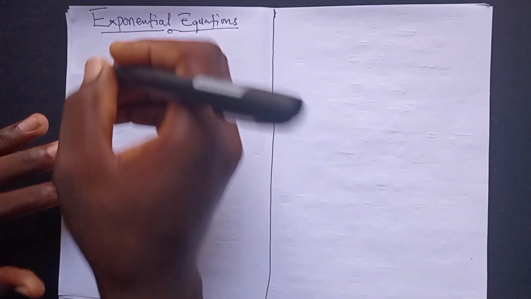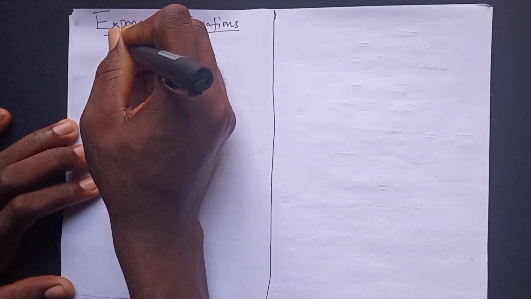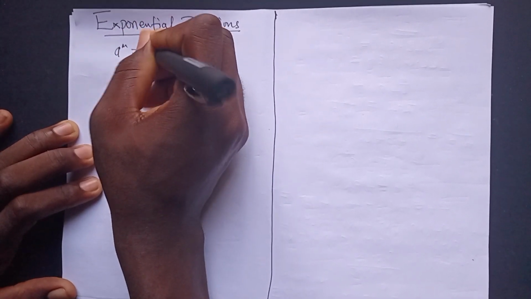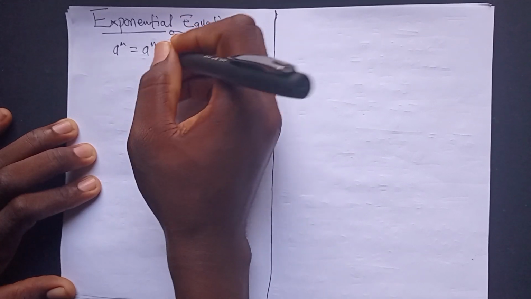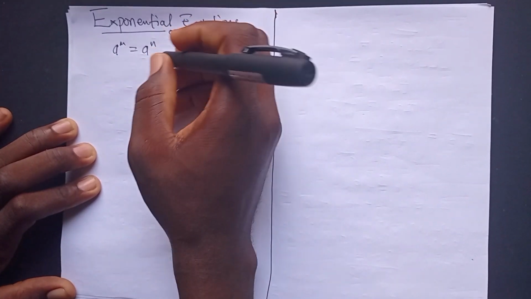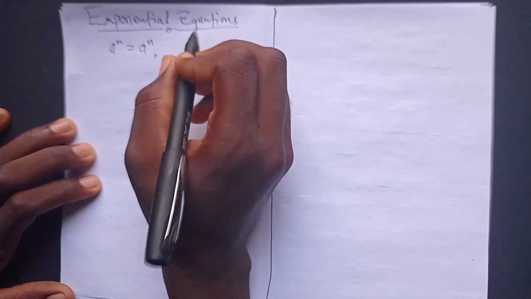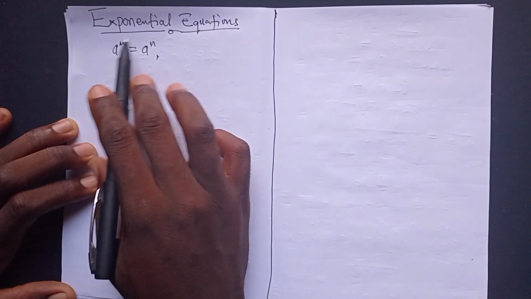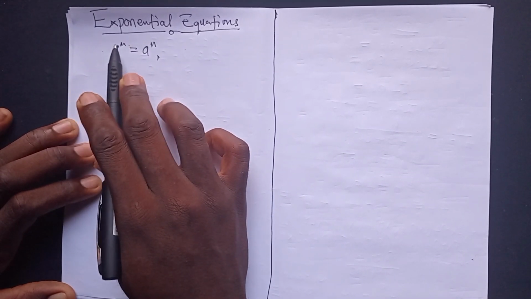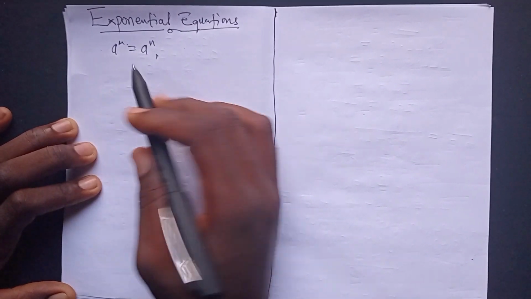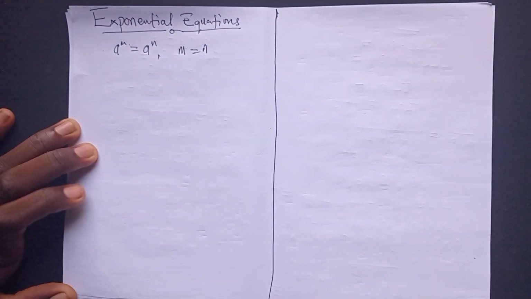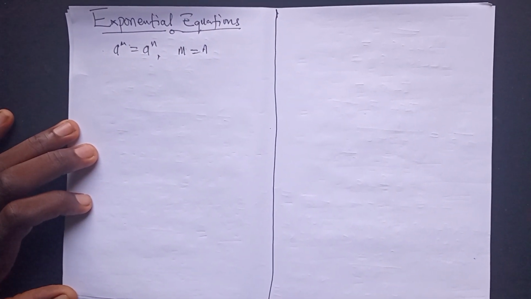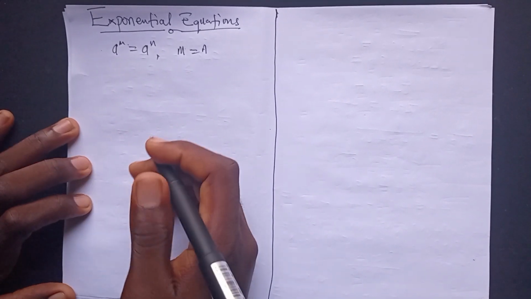If a raised to power m equals a raised to power n, and the bases are equal, you equate the indices. You cancel the base and equate their index, which is m equals n. So let's apply this by solving some problems on exponential equations.